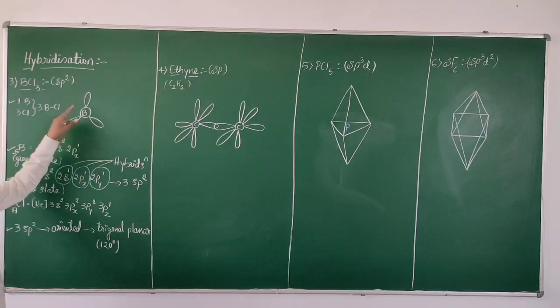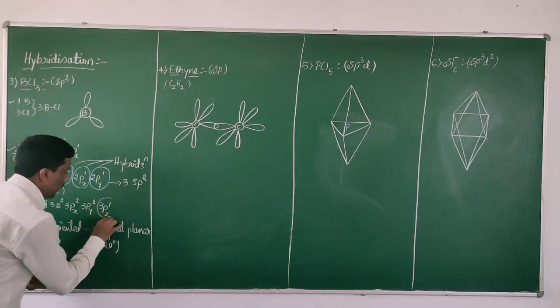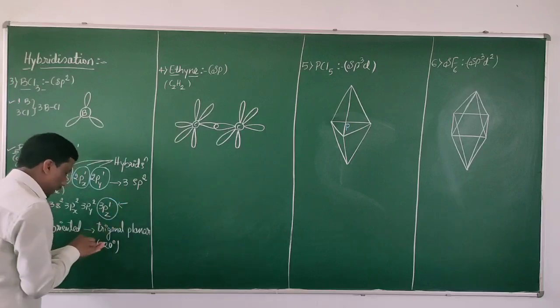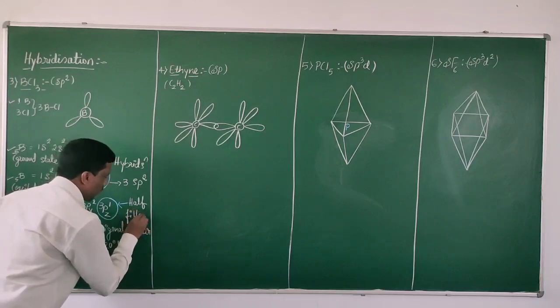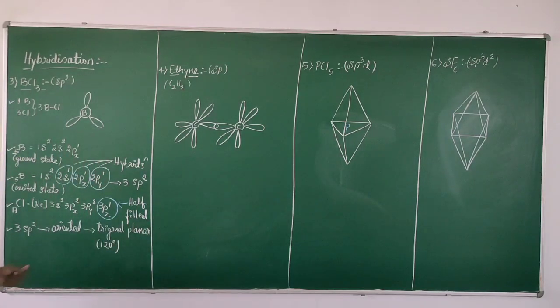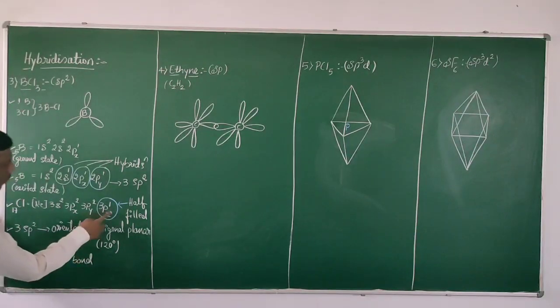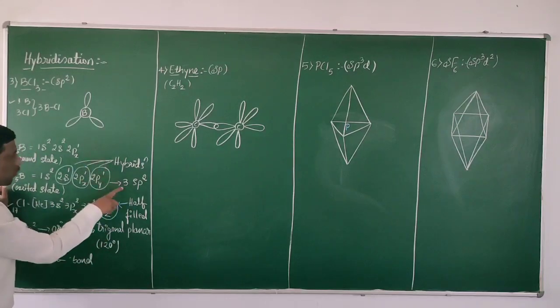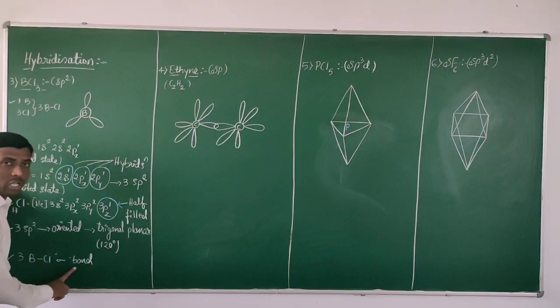With these 3 sp2 hybrid orbitals of boron, the half filled 3pz orbital of chlorine makes the bond formation axially to form 3 boron chlorine sigma bonds.